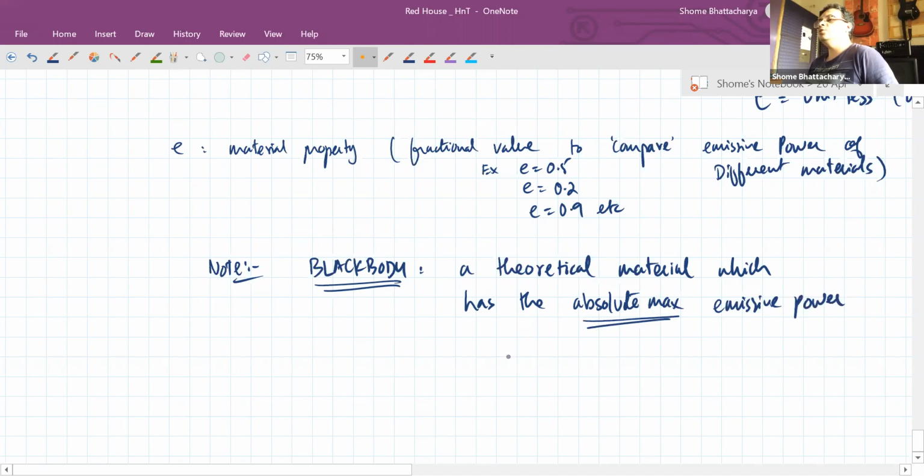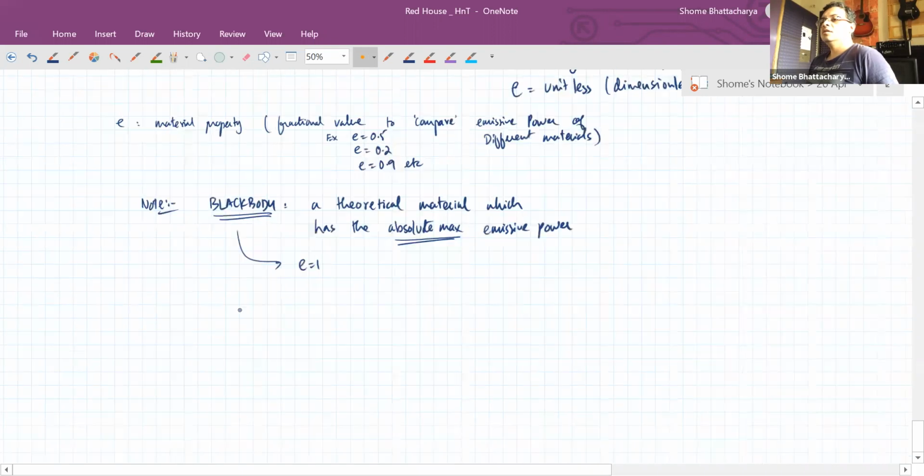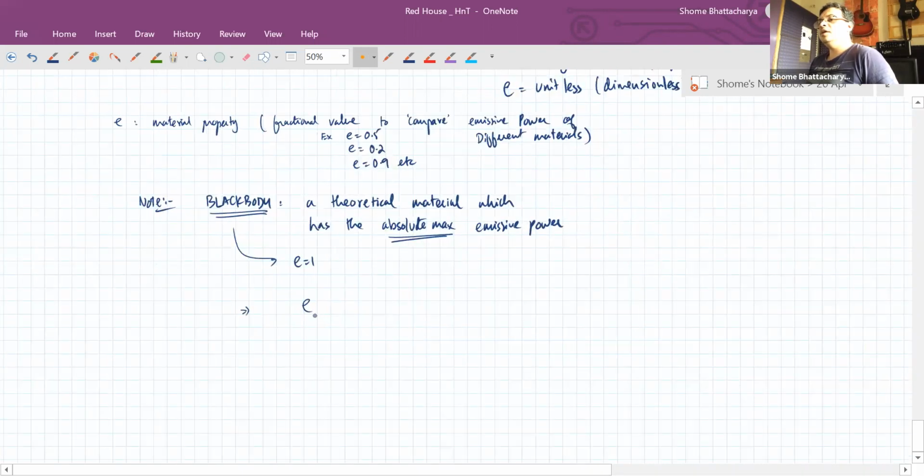So it is just defined theoretically as a material whose emissivity is equal to 1. So then you can say that emissivity of any actual material is equal to the emissive power of that material divided by the emissive power of a theoretical black body at a common temperature.